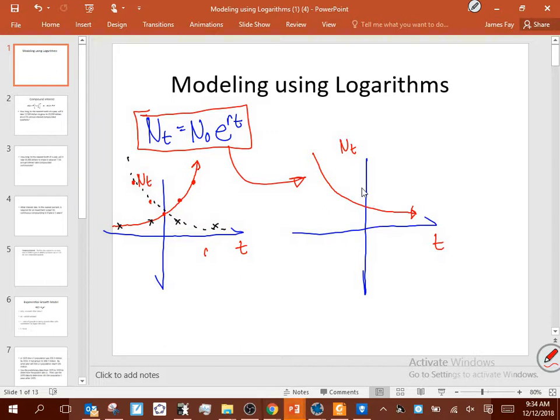A reflection. A reflection over what axis? The y-axis. When I reflect over the y-axis, where do I negate? Where do I multiply by a negative? Do I do it to the whole thing? Do I put a negative out here in front of the whole thing?